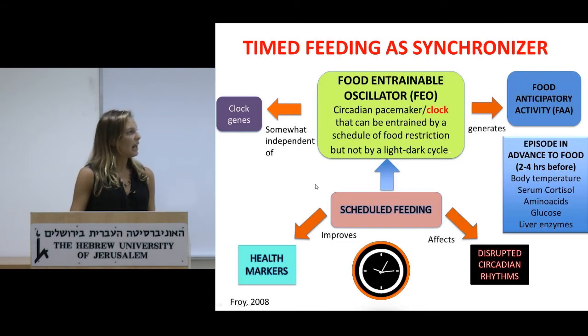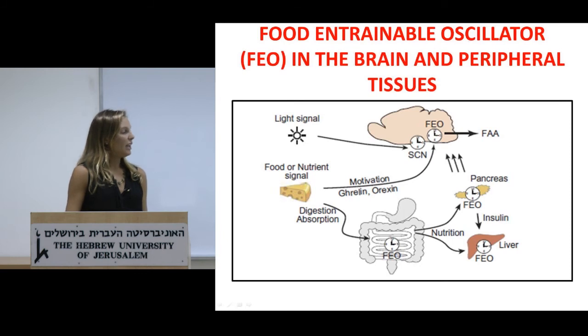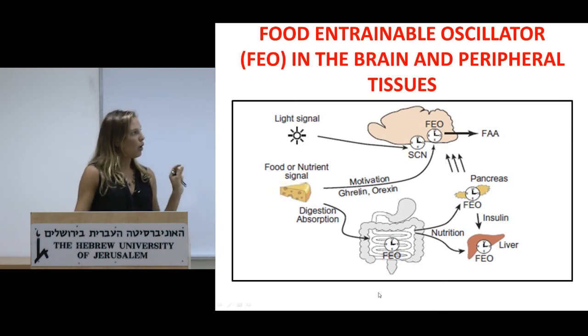So then we can see that by scheduled feeding, we can improve our health markers. And also, with an inadequate schedule, we can disrupt our circadian rhythms. Here, I'm going to show you in a little more graphic detail the food entrainable oscillator.